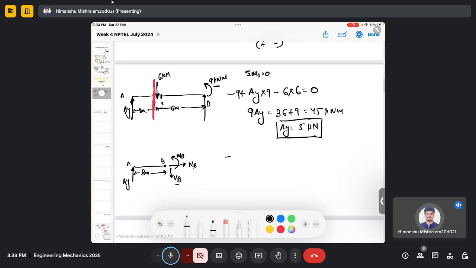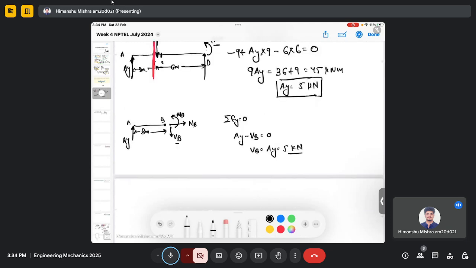So when we do the force balance analysis in the y direction, we will have AY minus VB equals 0. So VB will be AY, which is 5 kilonewton. So force at VB at point B is 5 kilonewton.